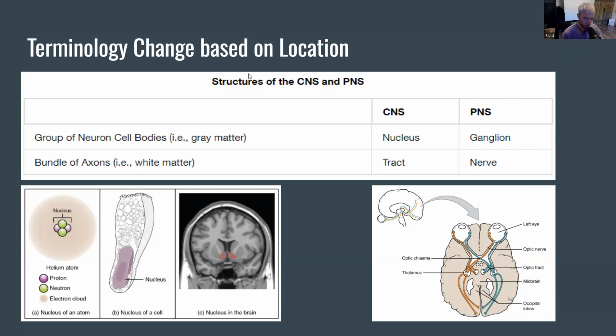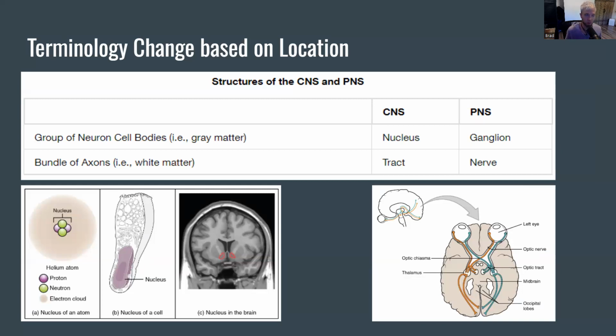A nucleus is a bundle of cell bodies that are all talking to each other. But if you move that same structure into the peripheral nervous system, it's called a ganglion. So a bundle of cell bodies is a nucleus in the central nervous system and a ganglion in the peripheral nervous system. They're essentially the same thing, but have two different names depending on location.